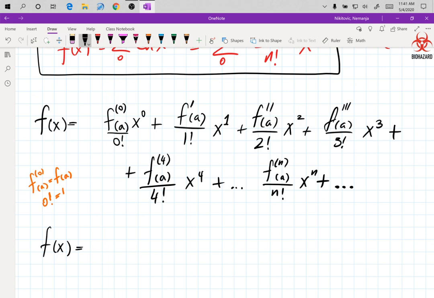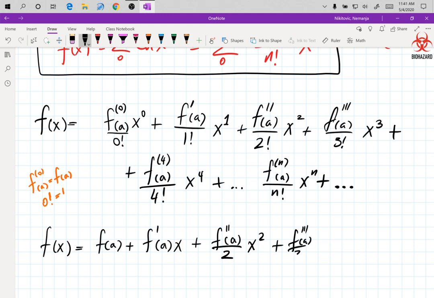So we have the first term to be f of a, plus f prime of a, divided by 1 because it's 1 factorial, that's 1, times x minus a, and then plus the second derivative computed at a divided by 2 factorial, x squared, plus the triple derivative computed at a divided by 3 factorial, x cubed, plus, and that will go on forever.